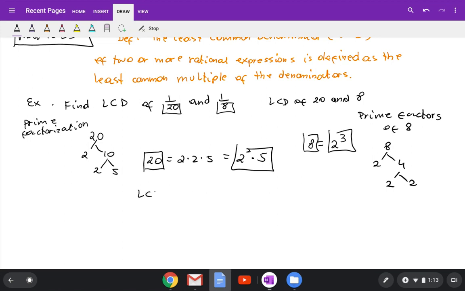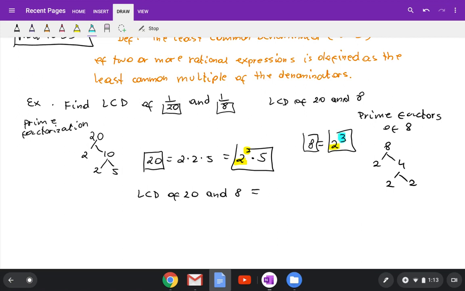So for the least common denominator of 20 and 8, you're going to take each factor, and if they are repeating, you select the one which has the highest exponent. From 20, we have 2 to the second power, and 8 also uses the factor of 2, however, to the third power.